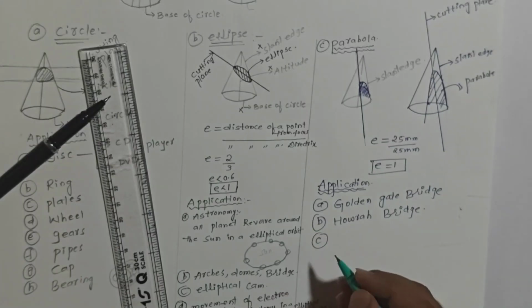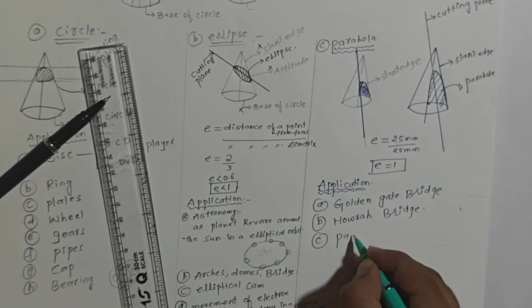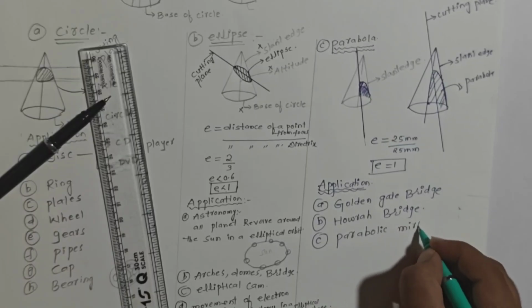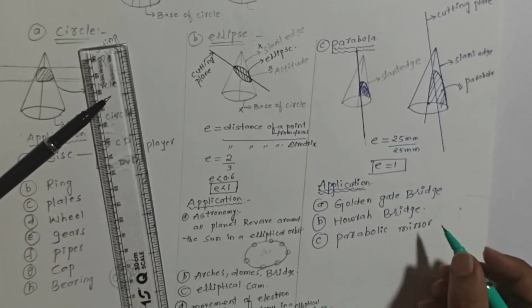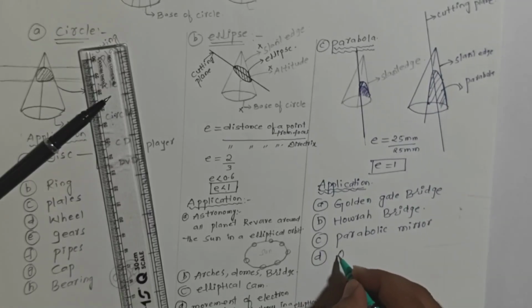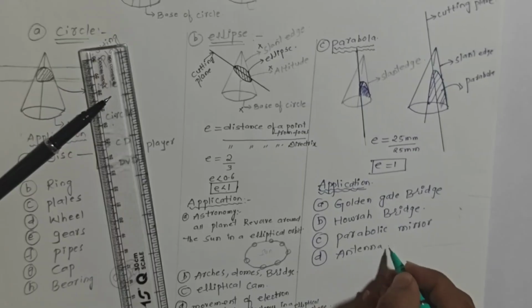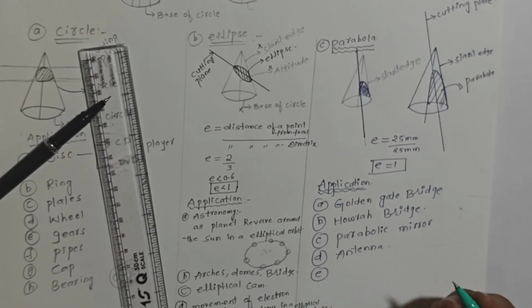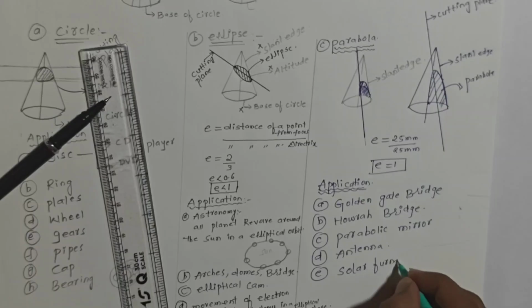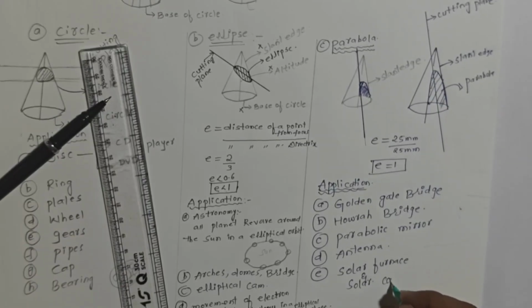Third, in a parabolic mirror, the shape looks like a parabola. Then the antenna looks like a parabola, we know very well. And then the solar furnace or solar cooker has a parabola shape.